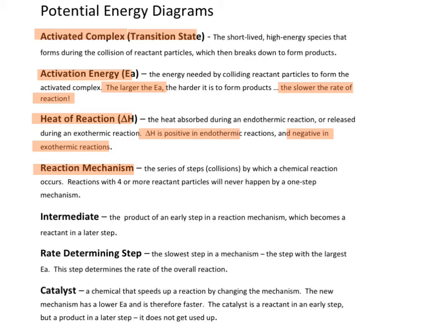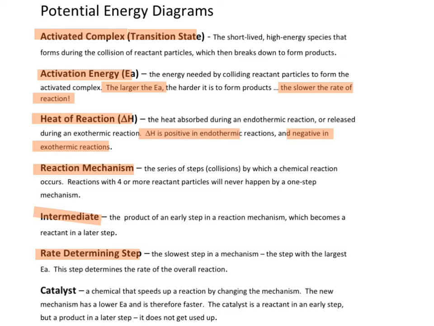In a reaction mechanism with more than one step, there will be products of an early step which later become reactants in a later step. Those products in an early step, which are then used up later, we call intermediate products or intermediates. In a multi-step process, one of the steps is almost certainly going to be the slowest step in the process.